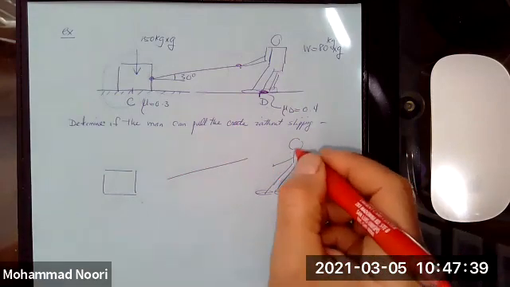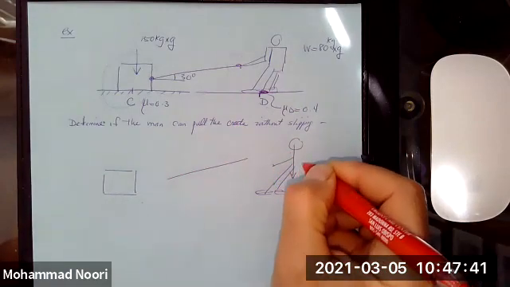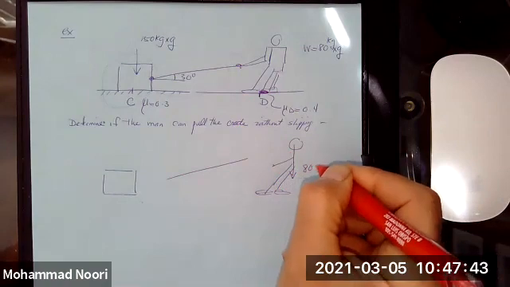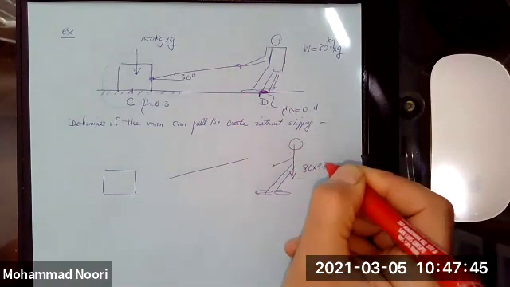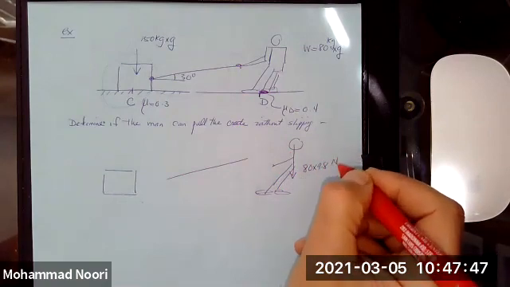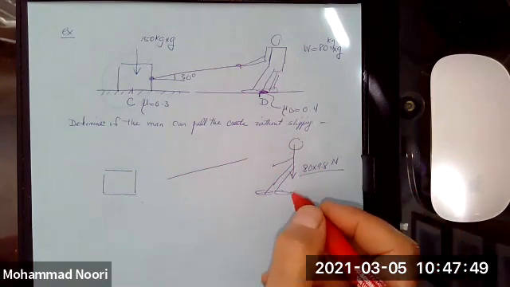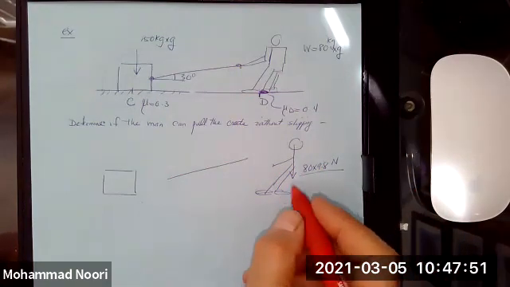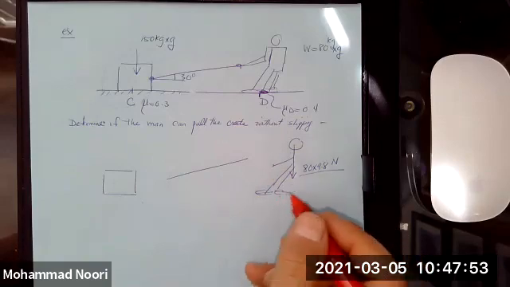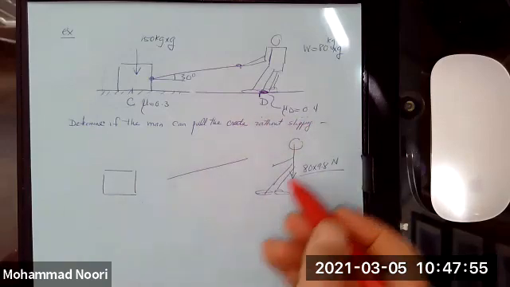So this guy weighs 80 times 9.8 Newton. And now we want to draw the free body diagram of each.